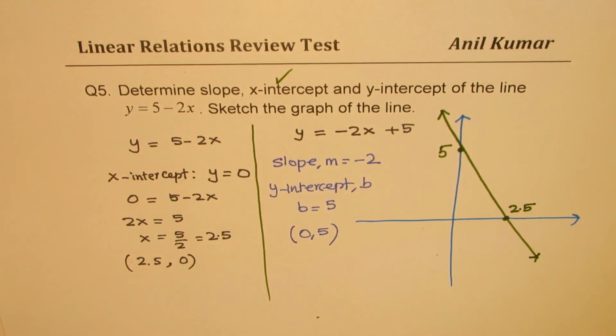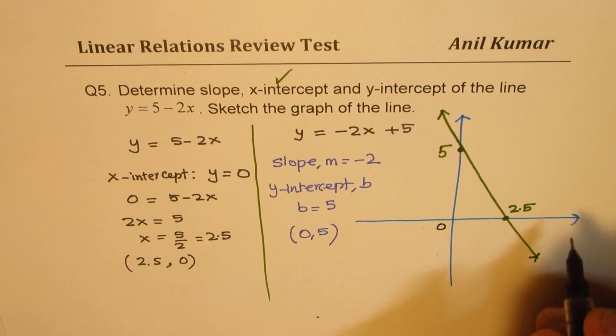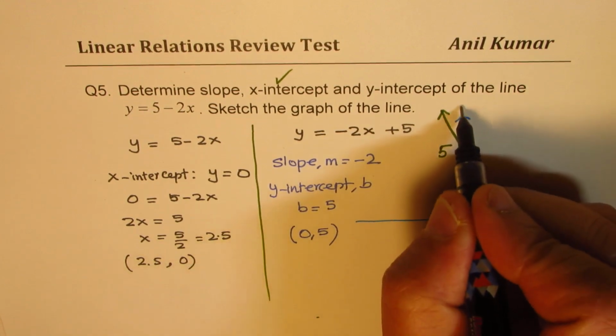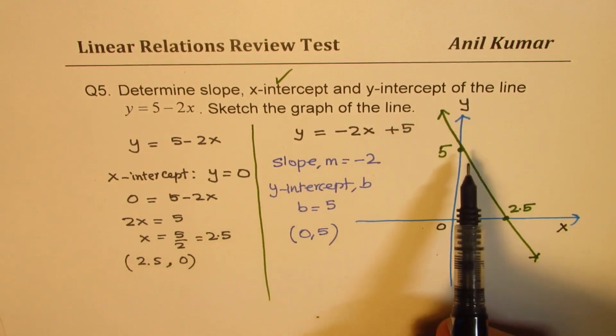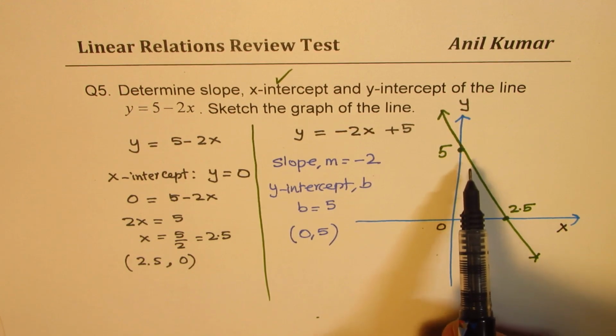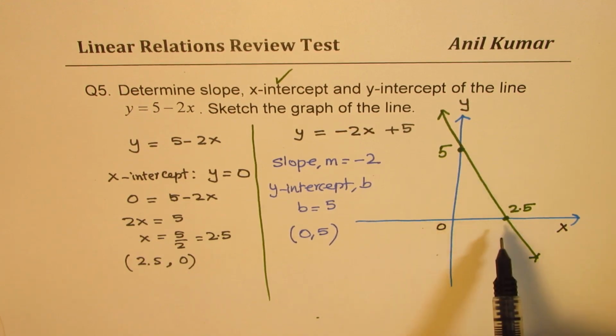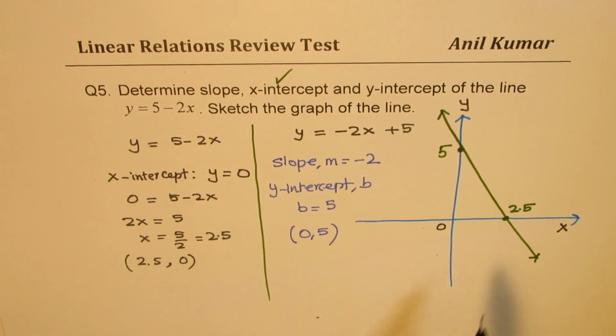So if you know the x and y-intercepts, that is the best way to draw. Did you see that? I did not go to this and then do the slope of -2 and all that, correct? So I straight away got the line using the x and y intercepts. So that is a very important strategy to understand.